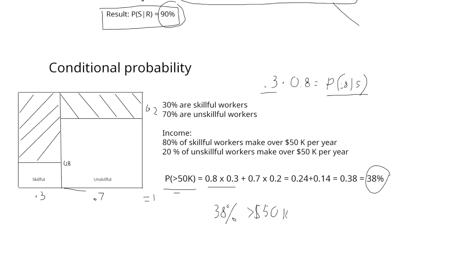So just remember that you have to find out areas, and this area we call P(A|B). B is the total event, so this is all skillful residents, and A, in this case, is those residents who make over 50K.